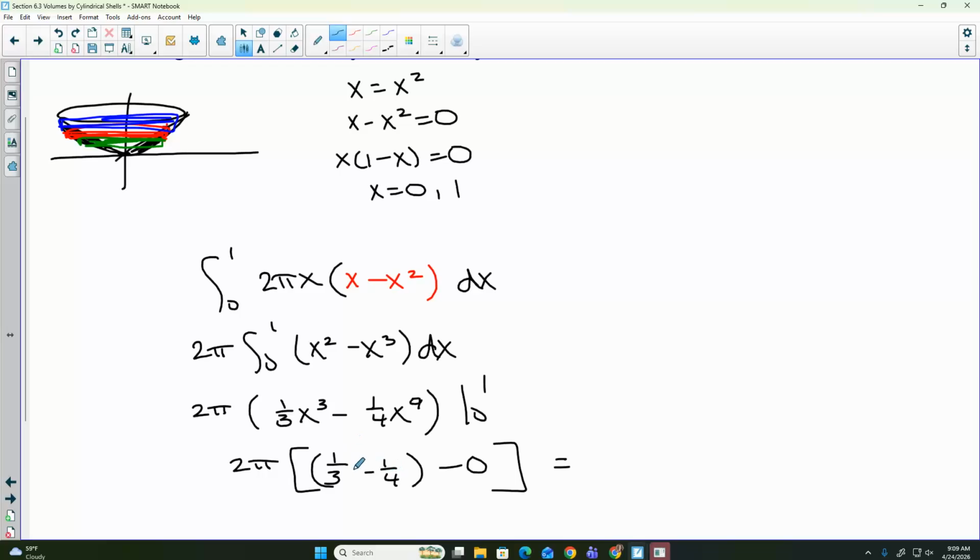So that's 2 pi times 1/12, or pi over 6. Again, this isn't the only way to solve the problem. We're just using a different technique. And if I want you to use it, I will specifically say use the shell method.